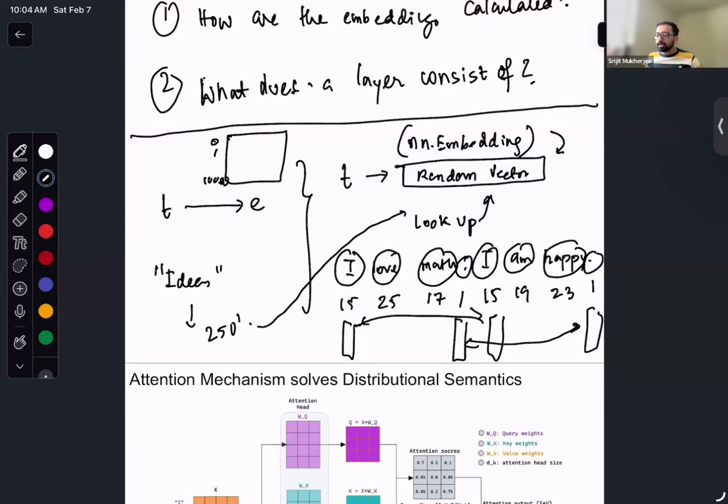Of course, computer scientists and engineers are not crazy enough to store that amount of memory in RAM, so they do it in a different way. Let's not go into that. They use seeds so that the same vector comes up each time. But you can think of it that every single time, 15 goes to the 15th index and captures that vector.